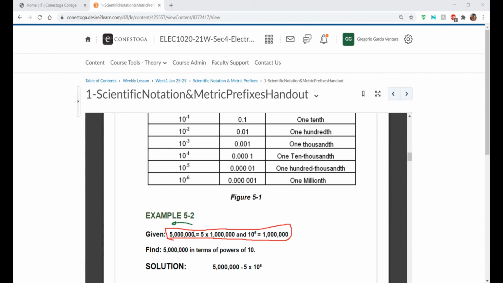That's important to remember. When we are doing scientific notation, we're always going to be moving our point to the first significant digit.